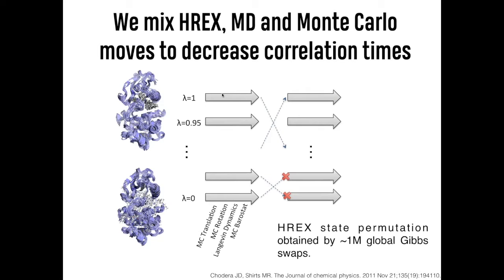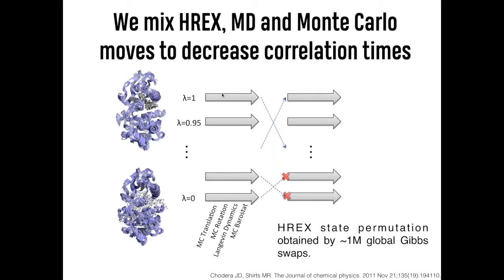To accelerate the propagation, we use Hamiltonian replica dynamics, and we mix molecular dynamics and Monte Carlo moves. So this is our typical protocol. We perform a Monte Carlo translation of the guest, a rigid translation, and a rigid Monte Carlo rotation of the guest. We perform 500 steps, 2 femtosecond steps, so 1 picosecond of Langevin dynamics and Monte Carlo barostat.